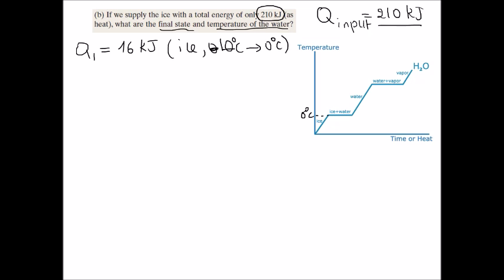Second energy required, 240 kilojoule to melt ice. I don't have this energy. So basically, after the first step, what is the energy remaining?